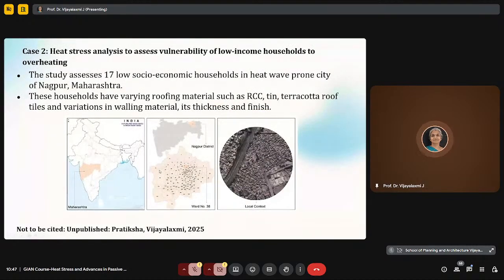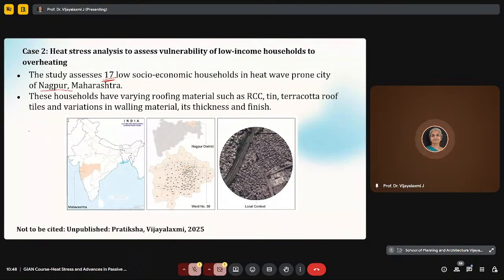So we realized that 5 houses is not a great number and we should actually try to do something better. In the second case study, we tried to study 17 socio-economic households in the heat wave prone city of Nagpur.